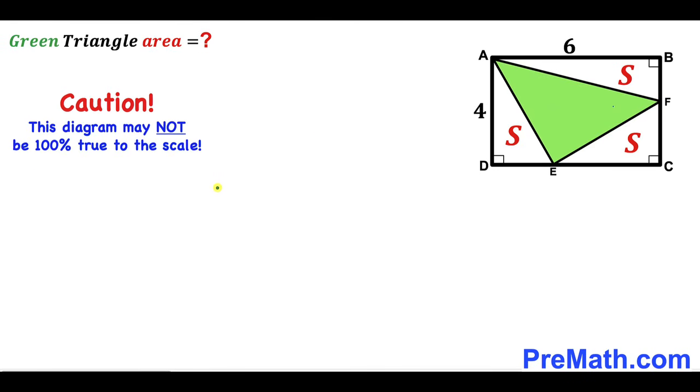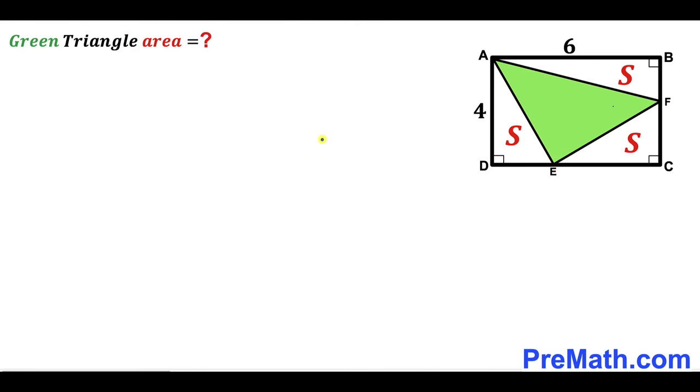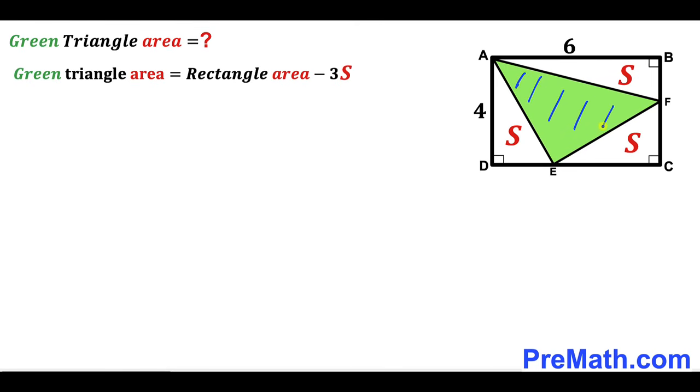Please keep in mind that this figure may not be 100% true to the scale. Let's go ahead and get started, and here's our very first step. Let's make an observation. We can see the green shaded triangle area is going to be equal to the area of this rectangle ABCD minus the sum of these three areas of the white triangles, as you can see in this given equation.